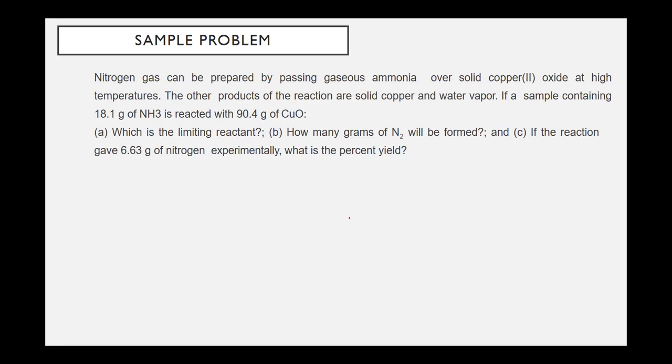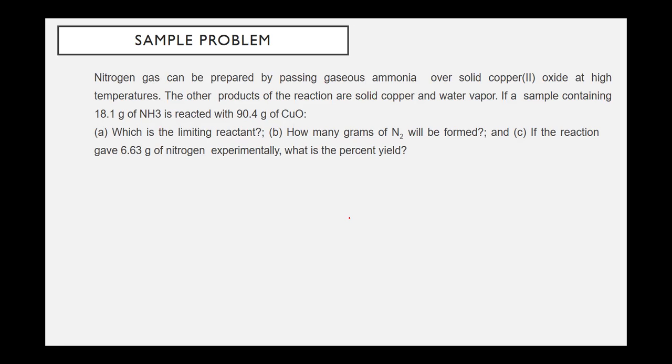Nitrogen gas can be prepared by passing gaseous ammonia over solid copper 2 oxide at high temperatures. The other products of the reaction are solid copper and water vapor. A sample containing 18.1 grams of NH3 is reacted with 90.4 grams of copper oxide. A. Identify which is the limiting reactant.